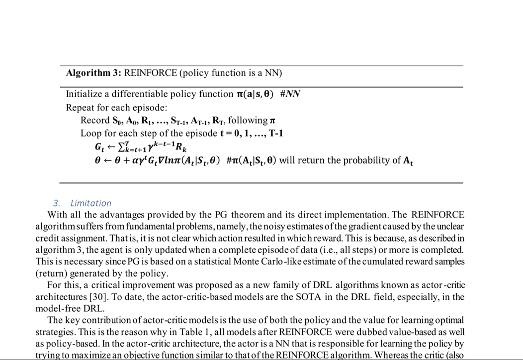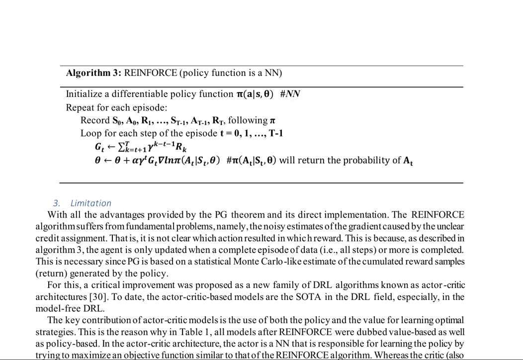The actor is responsible for learning the policy, while the critic learns the value function or action value function. The advantage function, A, is calculated as the difference between the next estimated value and the previous one. The deep deterministic policy gradient (DDPG) algorithm is an actor-critic model that operates in high-dimensional continuous state and action spaces.